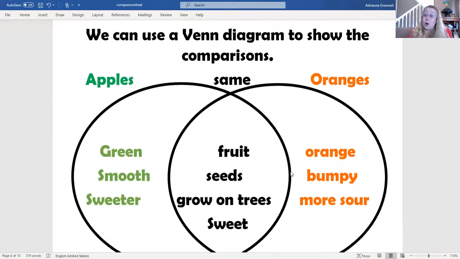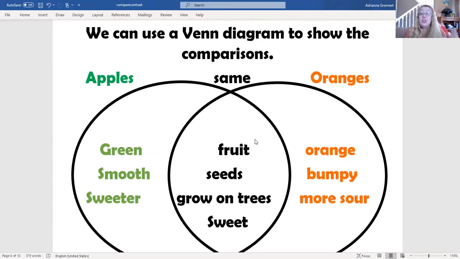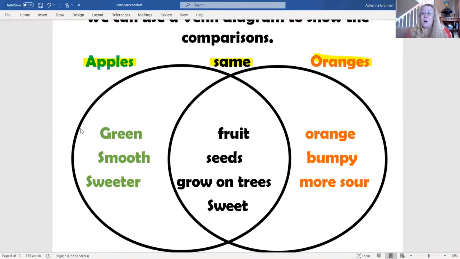Another way we can show comparisons is using a Venn diagram. Venn diagrams are lots of fun. If you notice, we have apples on one side and oranges on the other. For apples, we have that they're green, smooth, and sweeter.